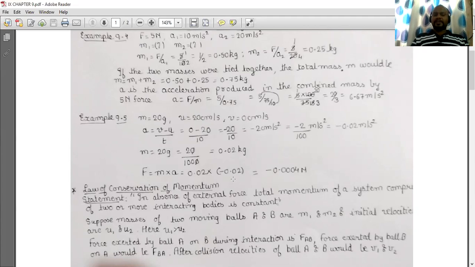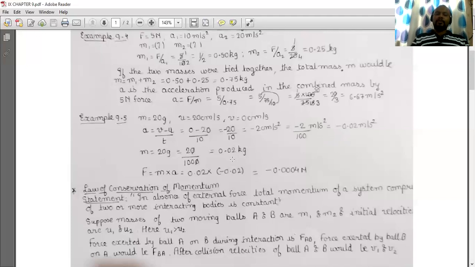In order to find acceleration, acceleration is v minus u upon t, that is 0 minus 20 upon 10, which gives you minus 2 centimeter per second square. Converting it into its MKS unit, in order to convert centimeter into meter, we divide it by 100, which gives us negative 0.02 meter per second square.